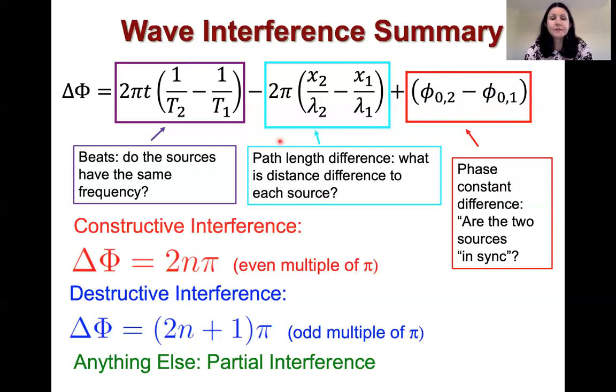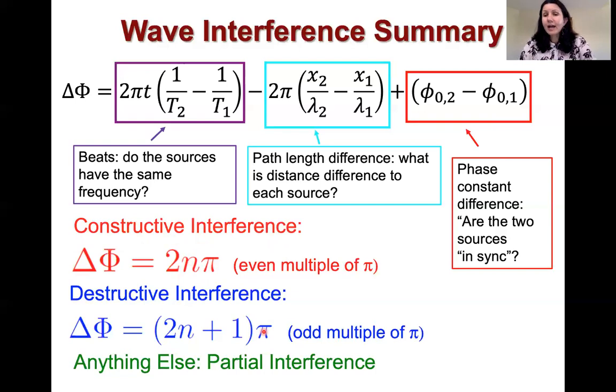Now, the types of interference that we looked at are these two extremes. Constructive interference is when the two waves perfectly line up so their amplitudes add perfectly, and that's satisfied when the phase difference is exactly a multiple of 2 pi. Destructive interference, which is the opposite of constructive, is when the crests and troughs meet each other.